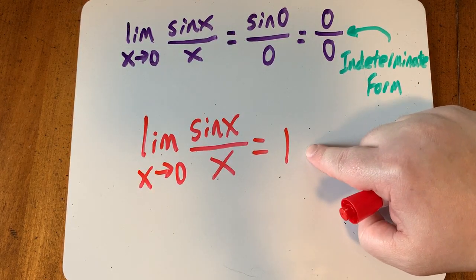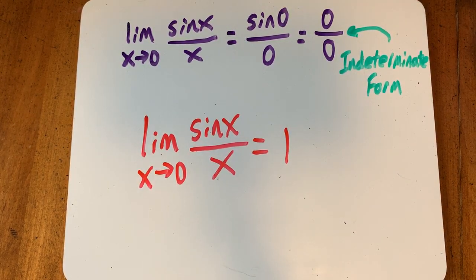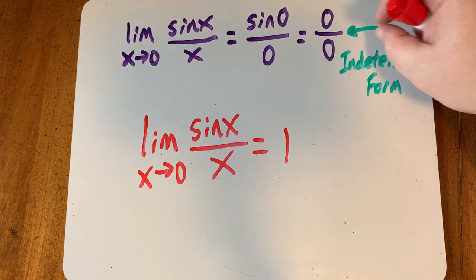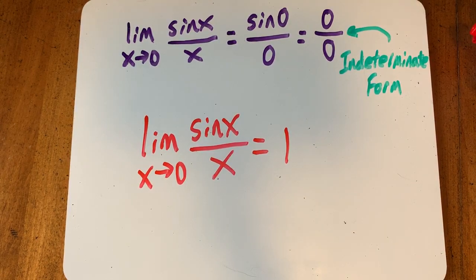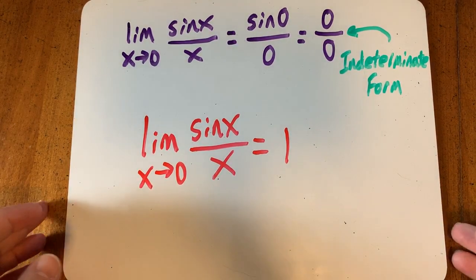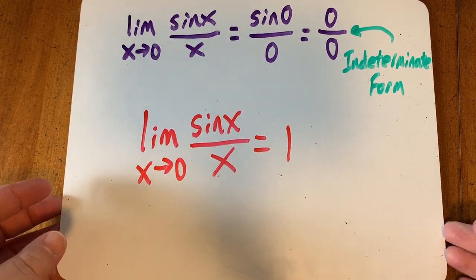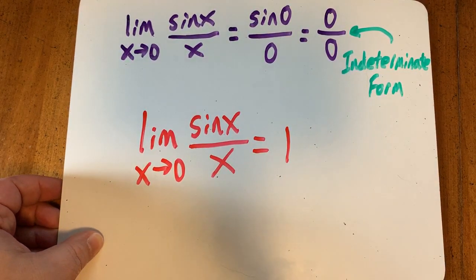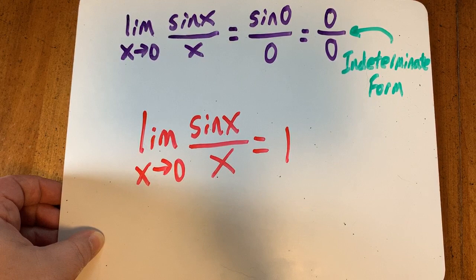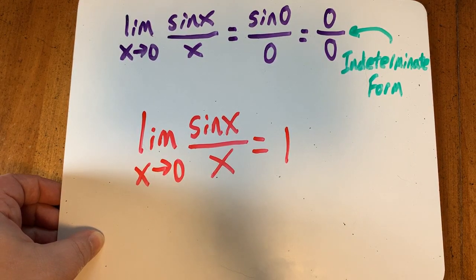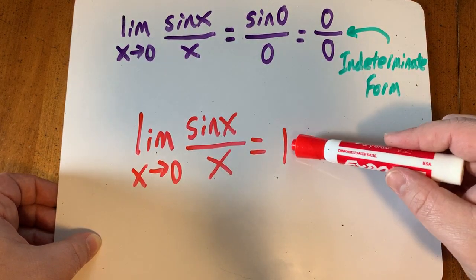This helps us find out any trigonometric limit where we have that indeterminate form. Okay, so anytime you have trigonometry inside your limit and it yields 0 divided by 0, if you're substituting in, then you can manipulate it to this.